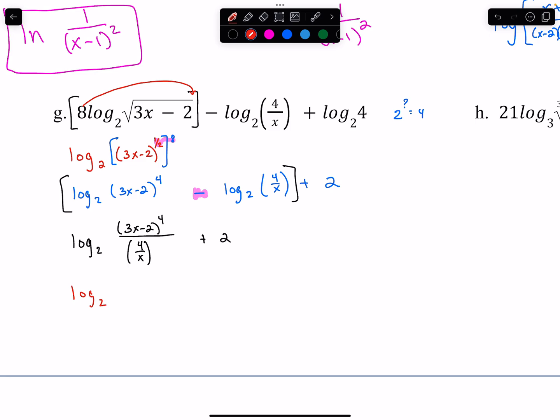So on the side here, remember this is (3x minus 2) to the 4th times, keep, change, flip, x over 4. And then you're just left with x times (3x minus 2) to the 4th, all over 4.